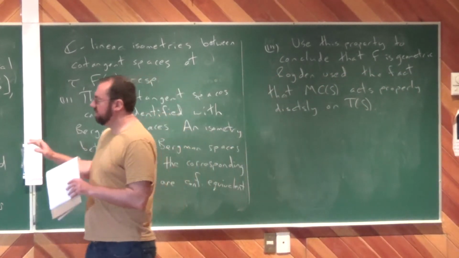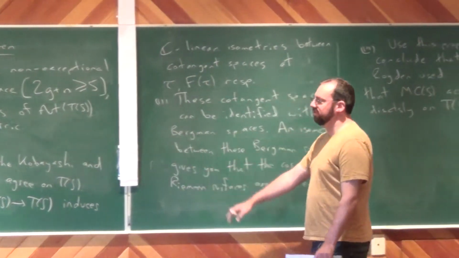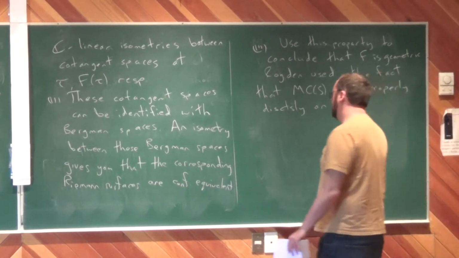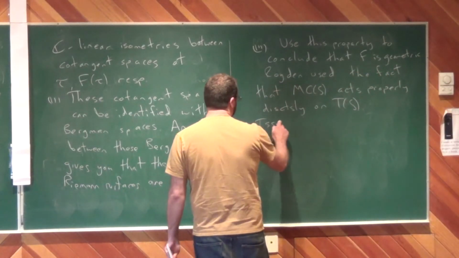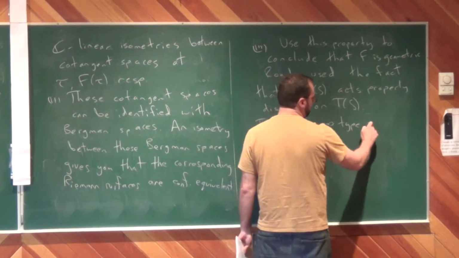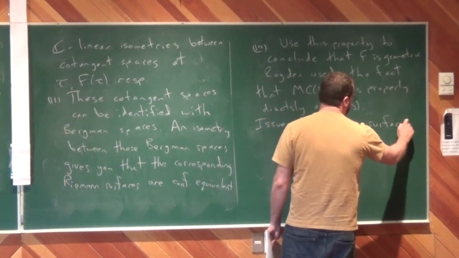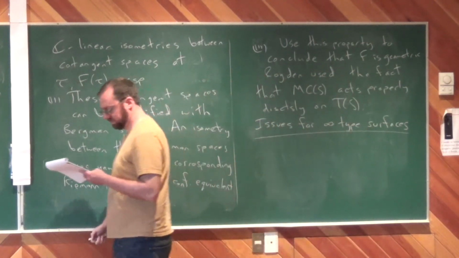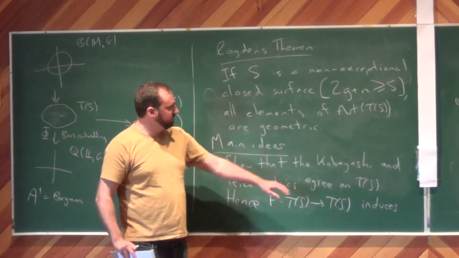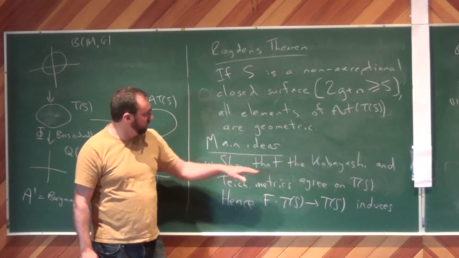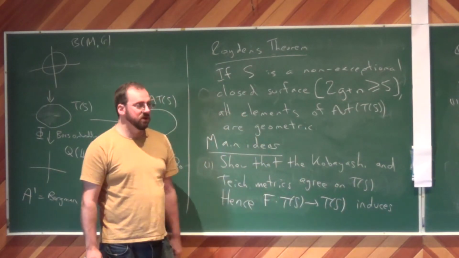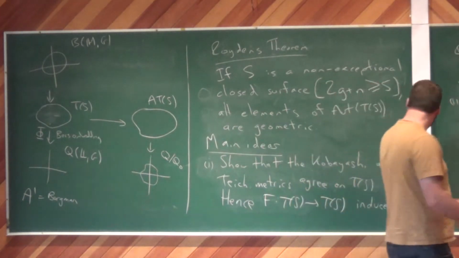Okay, so this argument doesn't quite go through for infinite type surfaces, so where are the issues? Okay, the first thing is that equality of Kobayashi and Teichmüller metrics on T of S, you need some new ideas when you go to infinite type surfaces.